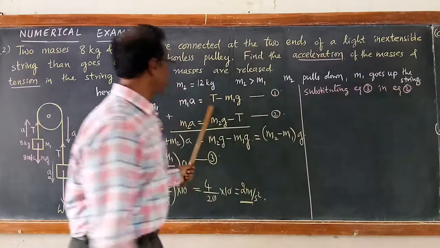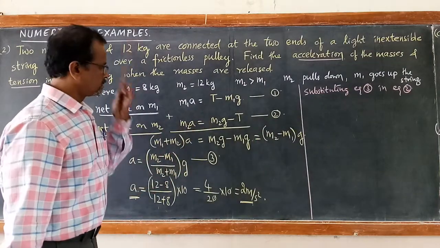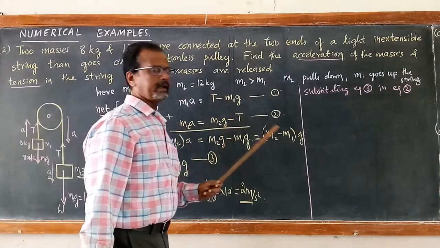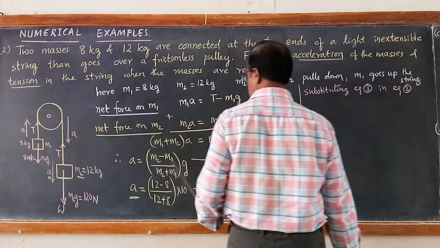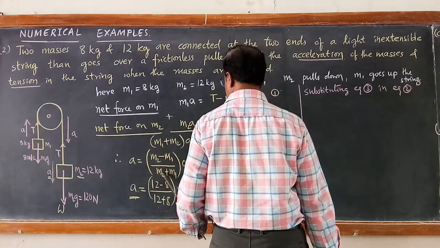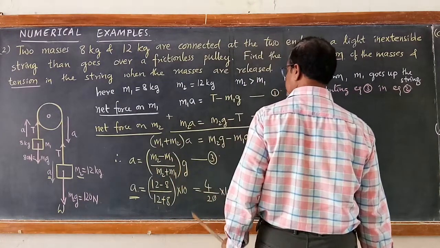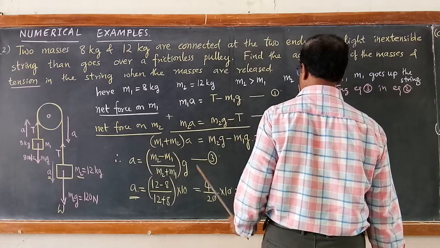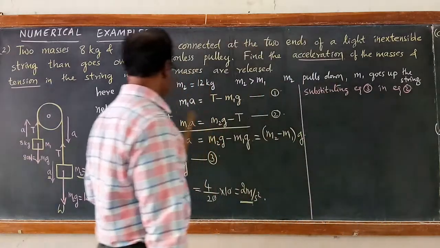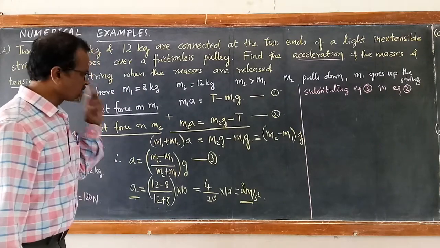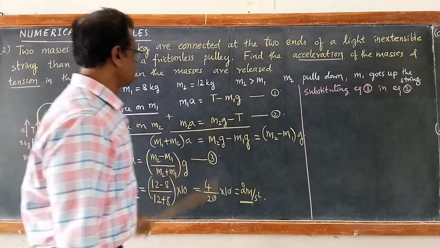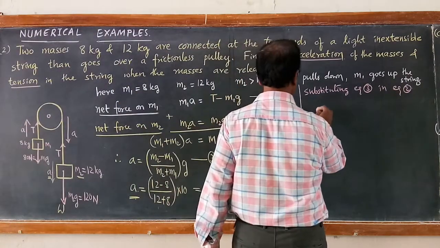You can even substitute equation 1 also, so that we can solve it for T. So A is M2 minus M1 divided by M2 plus M1 into G. Substituting this in equation number 2.